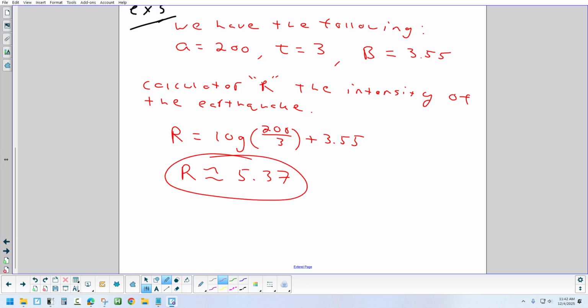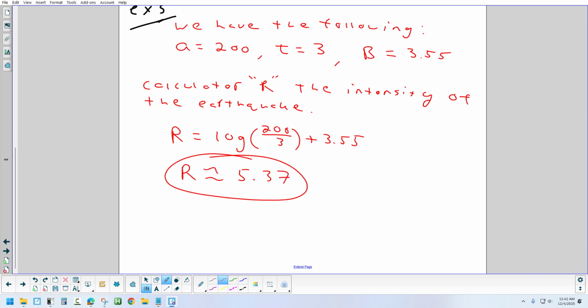In terms of earthquakes, a 5.37 would be moderate. You would definitely feel that. It could cause some damage, but it's nowhere near a magnitude 8 or 9. Isn't it an exponential scale?